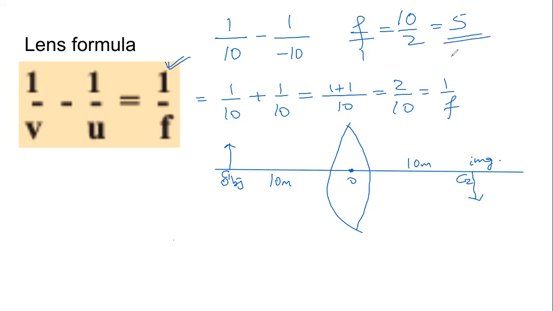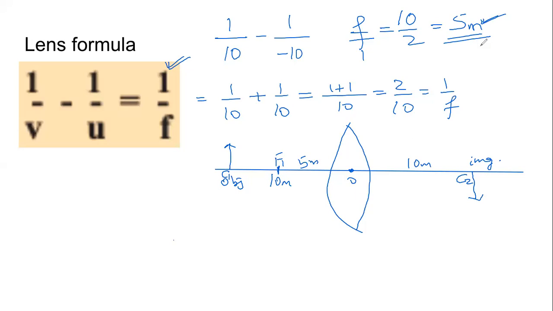मिल गया हमको focal length. And we took this question because we can very clearly verify if our answer is right or wrong. Because we know that focus is exactly at the center, the midpoint of O and C. If OC is 10 meters, then OF has to be 5 meters. मतलब हमारा आंसर सही है.